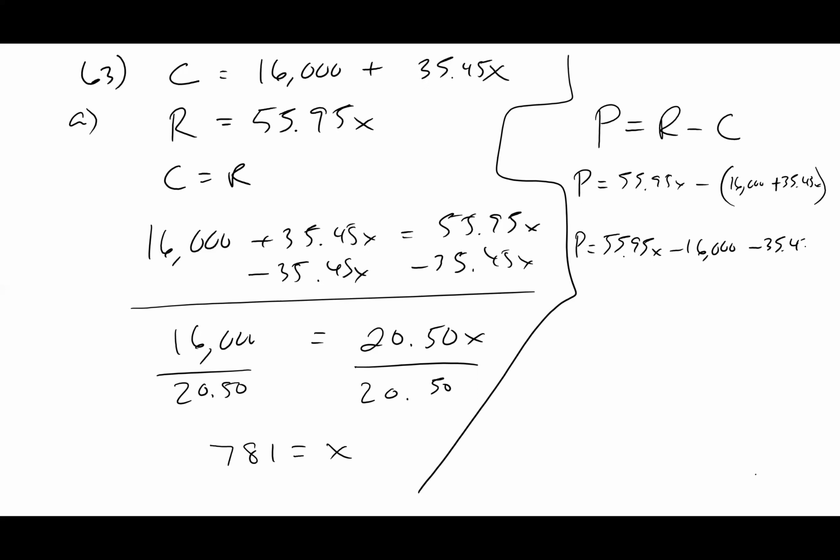And you'll notice the profit function is actually $20.50 minus the 16,000. Hey, there's some similarities here. So as far as revenue is concerned, each time you sell a product or make one and sell it, you're going to get 20 bucks in profit. So now the question is, when will we make 60 grand?